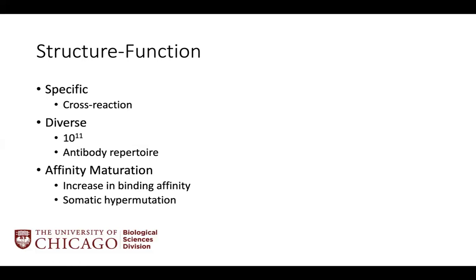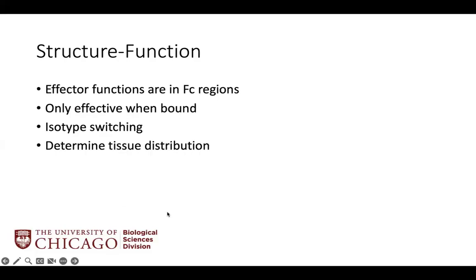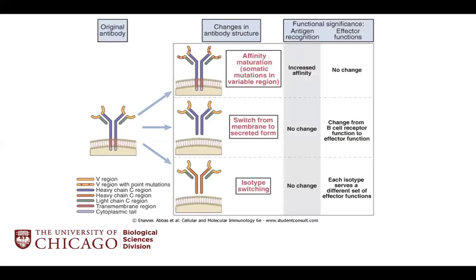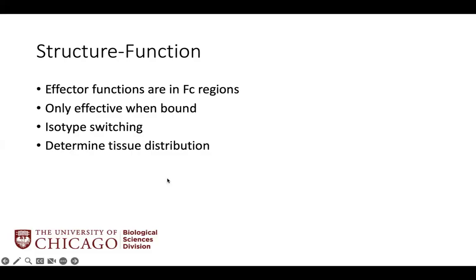There is also something called affinity maturation, which can increase the specificity or increase that binding affinity, so the likelihood that any antigen will actually bind to the antibody. This happens by somatic hypermutations. I actually forgot. Okay, maybe we'll talk about that in a second.